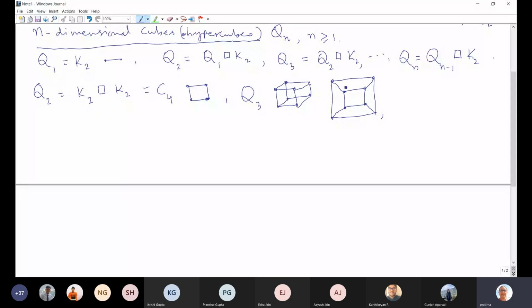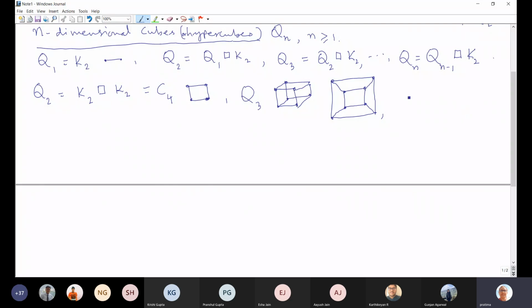So I have taken two copies of C4, since the number of vertices in K2 is 2. And in K2 those two vertices are adjacent, so the corresponding vertices of these two copies of C4 will be adjacent. This is how I have drawn Q3. Is it clear to you? Okay, then how could I have drawn Q4?